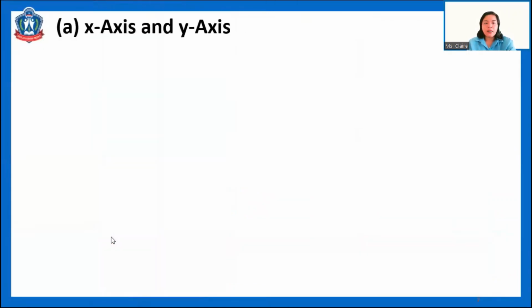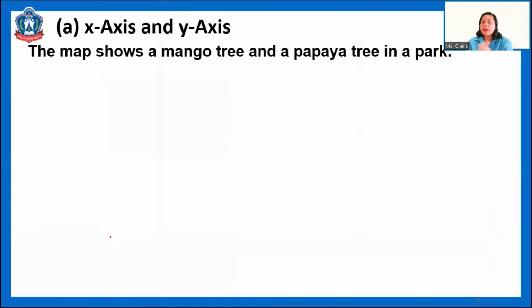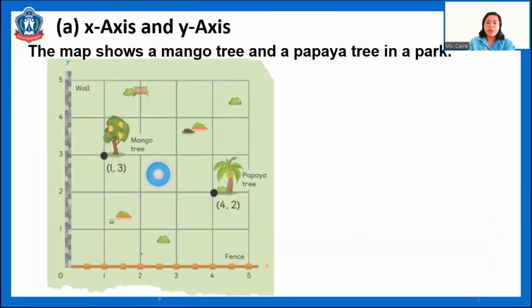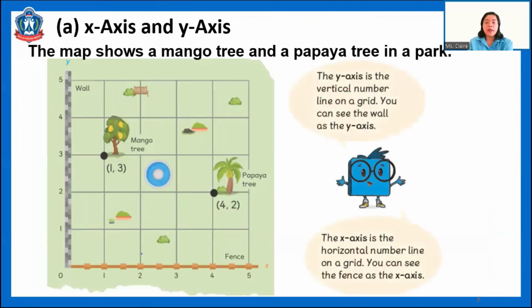Now I have another example. Let's study what an x-axis and a y-axis are. Look at this map. This is a park. This map shows a mango tree and a papaya tree. We have what we call the y-axis. The y-axis, children, is a vertical number line. Vertical, like this, a standing line. So this wall is actually the vertical line in this map.